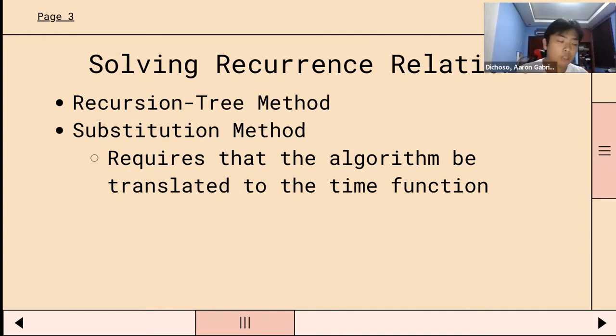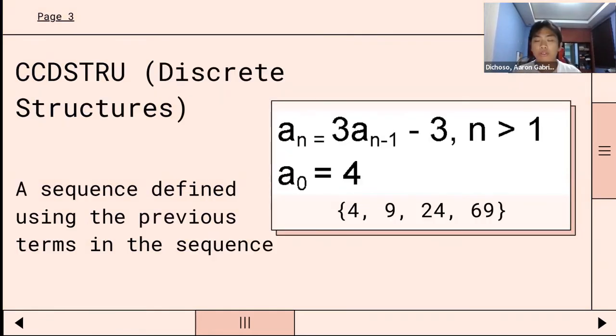If you still remember the closed form, what is that? If you remember CCDS2, a closed form implies converting a recursive relation into a non-recursive form. It no longer relies on the previous terms of the sequence. However, it would still give the same outputs. So let's try that.